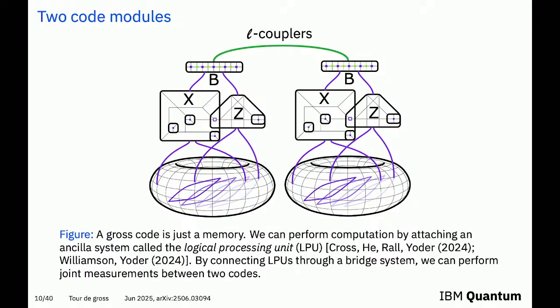And by connecting these logical processing units through a bridge system, this B, together with L couplers, which are the wires I alluded to earlier, and I will show a picture in the next slide, we can perform joint measurements between two of such gross codes. And this logical processing unit can do in-module measurements, so it can perform measurements of certain qubits inside this gross code. And together with a magic state factory, we're going to construct a universal computer.